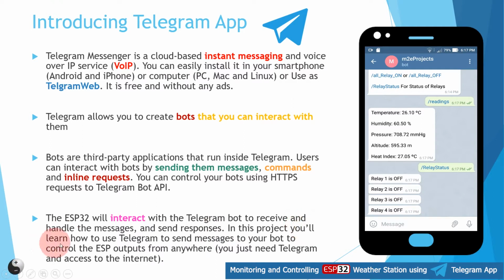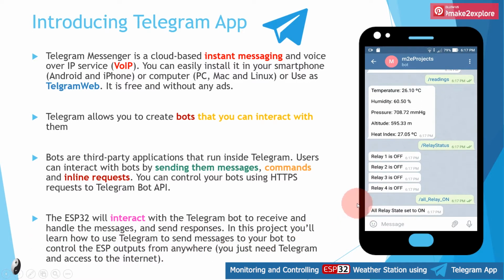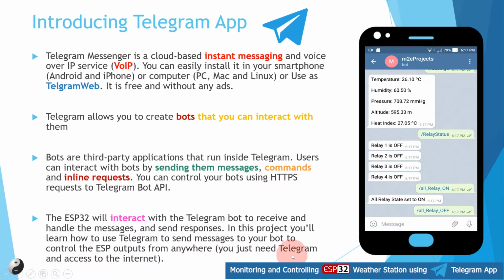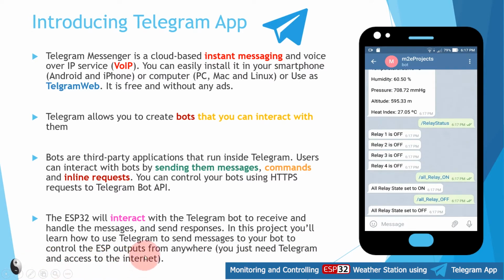In this project you will learn how to use Telegram to send messages to your bot to control ESP output from anywhere. You just need Telegram and access to the internet, so you can access the readings here like humidity, pressure, altitude.